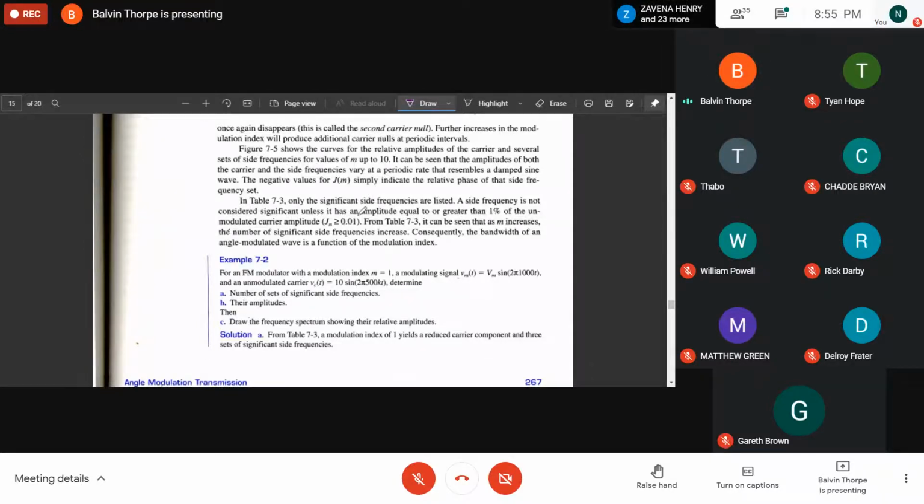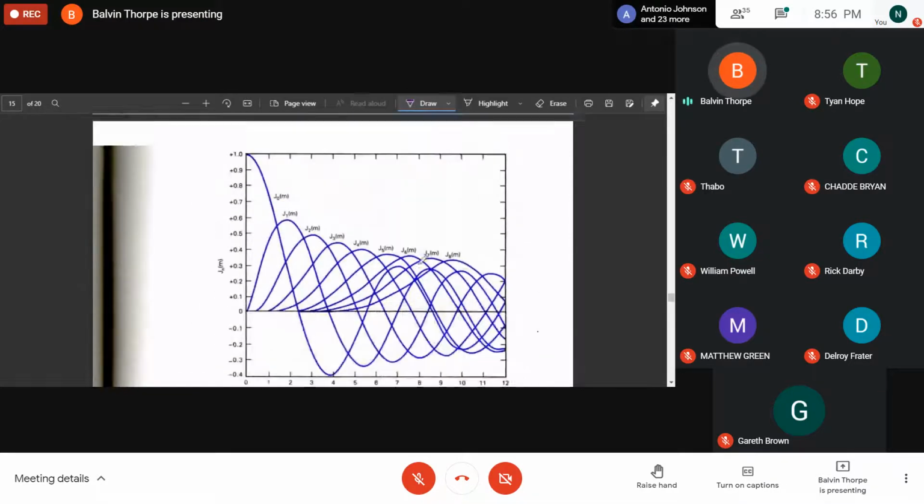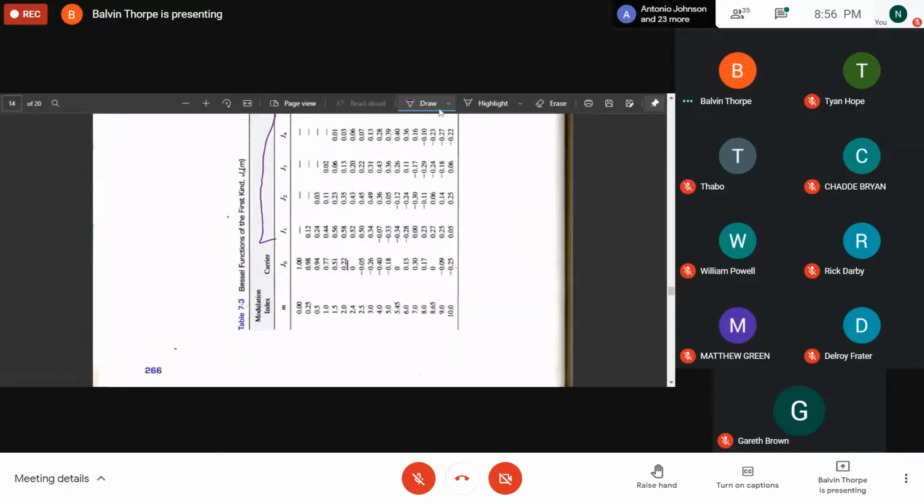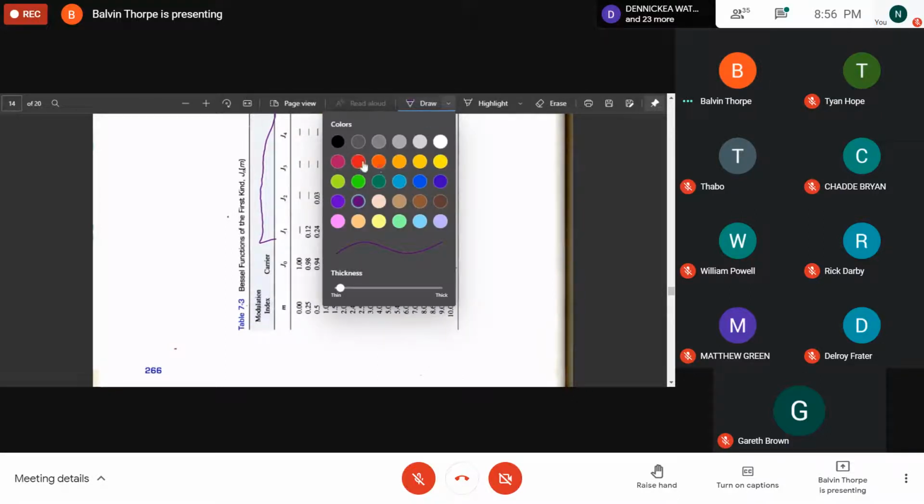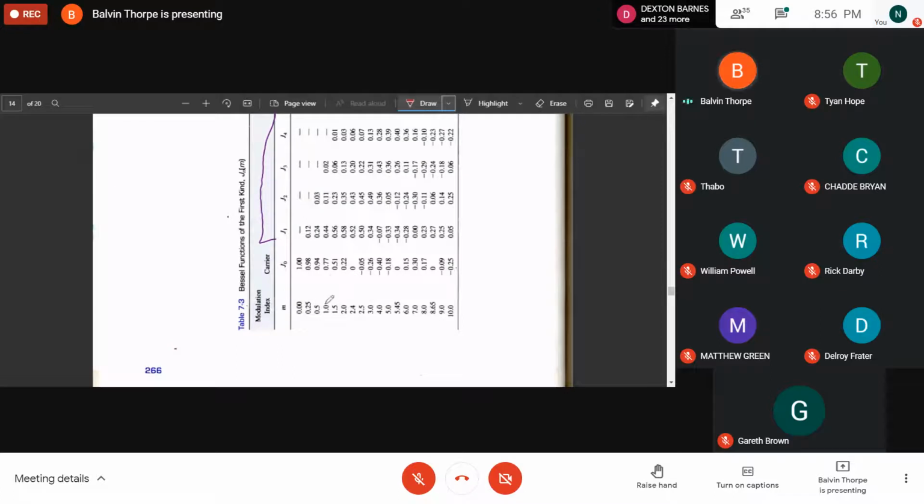Now, what does that mean in terms of reality? Through a question, let's see what's happening. For an FM modulator with a modulation index of 1, right away we know what the modulation index is. So if we go back to the table, we're talking about a modulation index of 1.